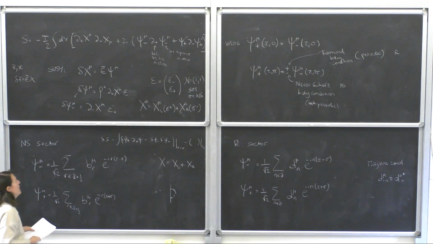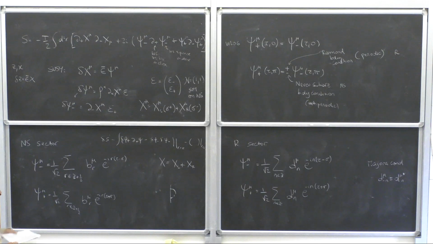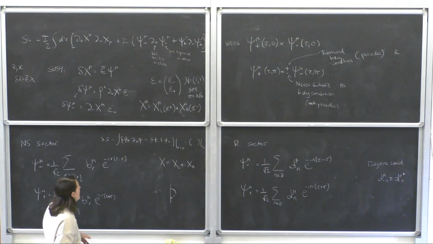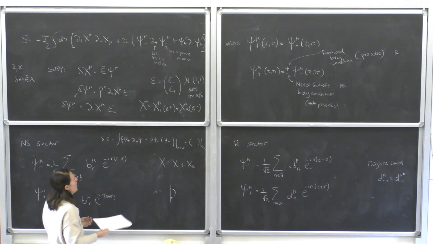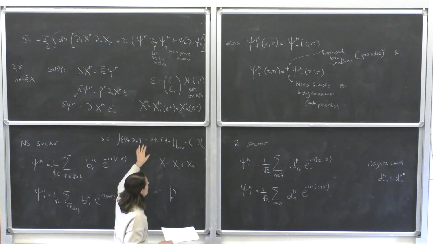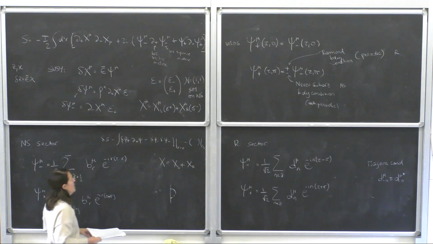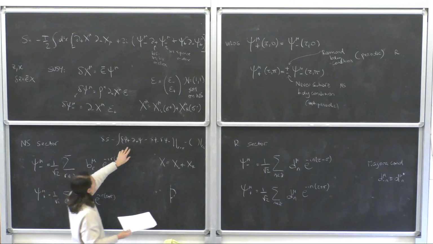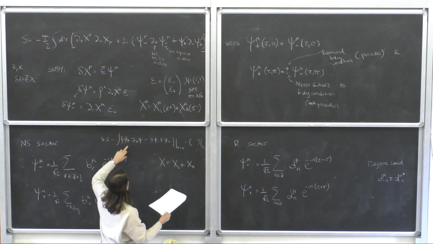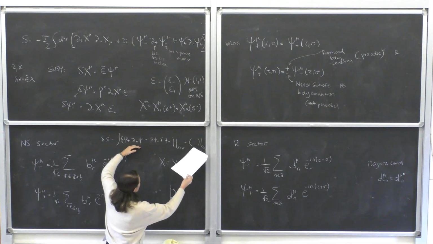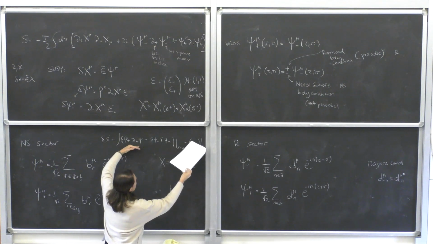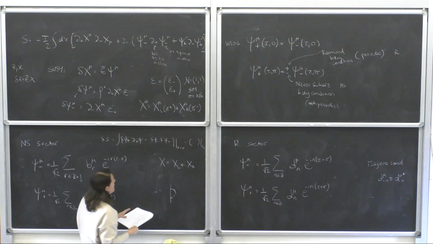Now in the closed string, sigma equals pi and sigma equals 0 are the same point. So I don't need these two to vanish separately. So then I don't need to relate psi plus and psi minus, but I can have this psi plus here cancel with this psi plus here.